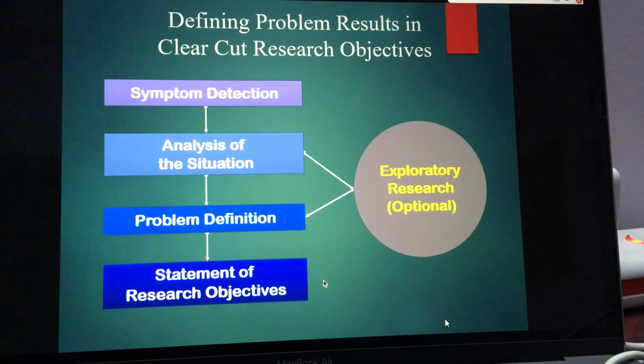Descriptive research and causal research, both these research types are conclusive research. Now there is another research called exploratory research. Last session we had discussed these 3 different types of research: exploratory, descriptive, and causal.